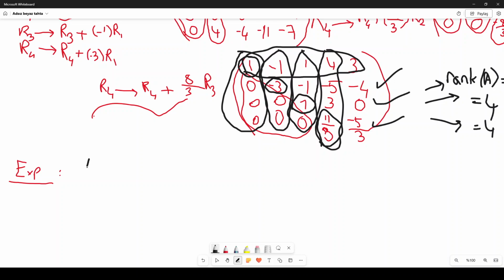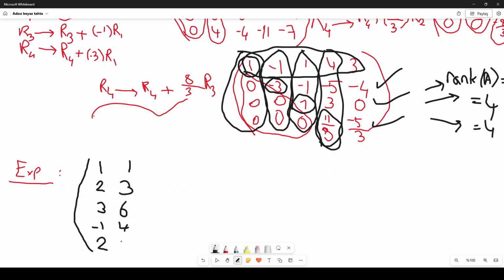Okay, now suppose I am given a matrix like this in this example. Say 1, 1, and say 2, 3, 2, 3, and say 3, 6, -1, 4, and say 2, 1.